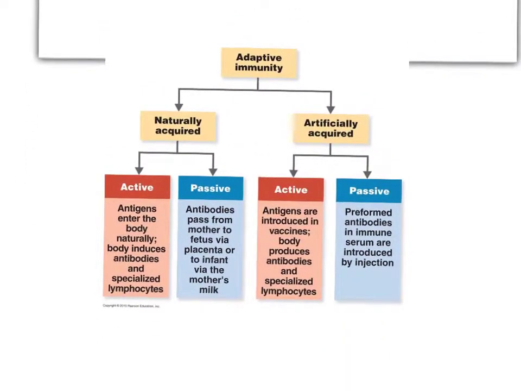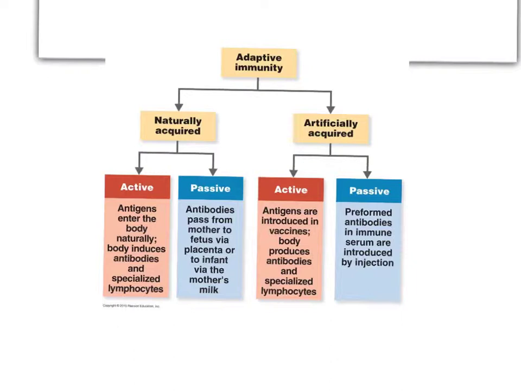Here I've got the whole thing just represented diagrammatically. So naturally, active is antigens after you've actually had a disease, so you've had a primary response and got memory cells. That's what happens naturally. And then passive is when a developing fetus receives antibodies through the placenta, or a young suckling child gains antibodies from the mother's milk.